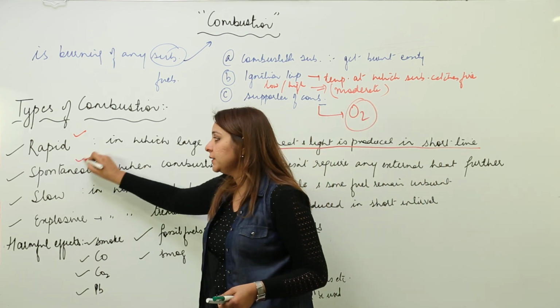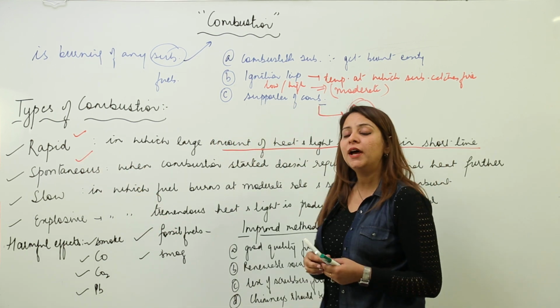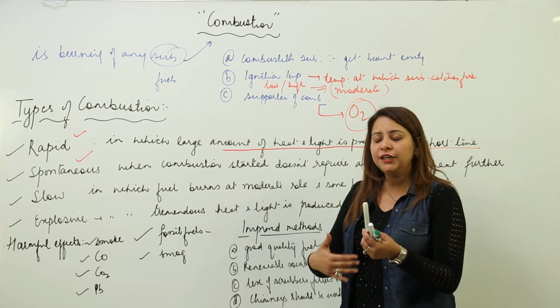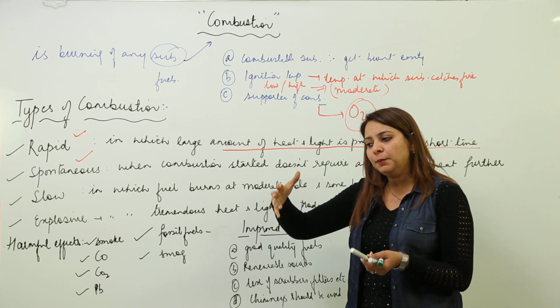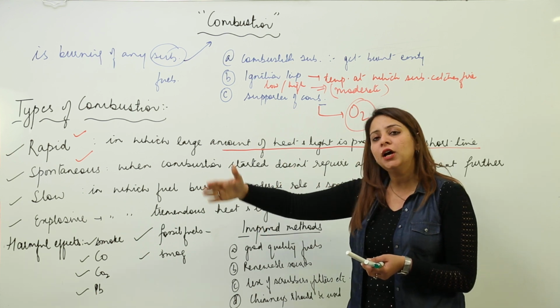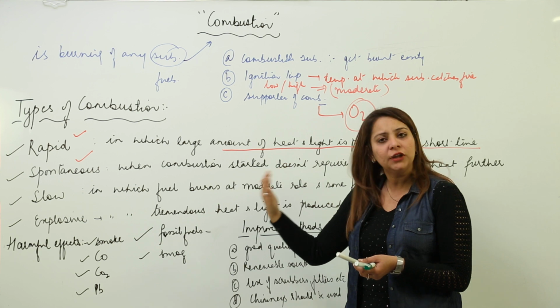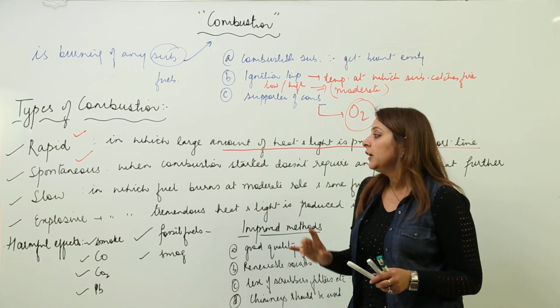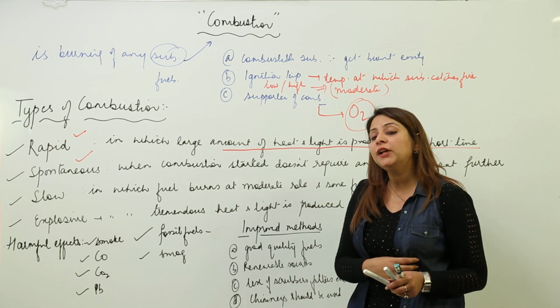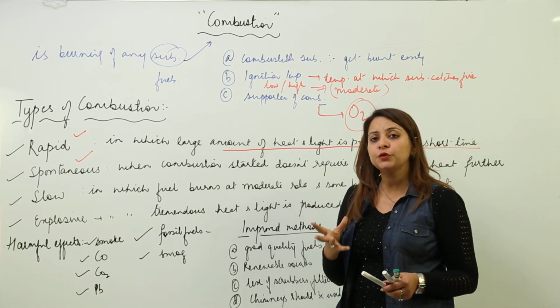Second is spontaneous. Spontaneous is the one in which initial initiation is required, but once the combustion starts, it goes on occurring by itself. No external source is required. Like white phosphorus, whose ignition temperature is very low.